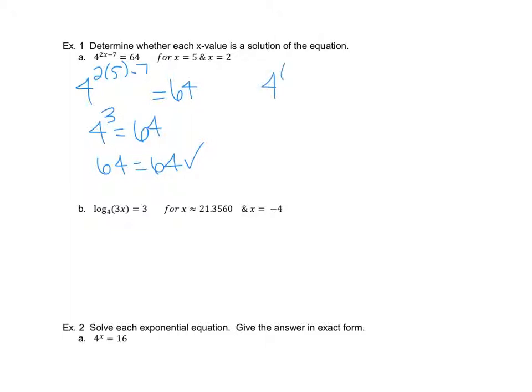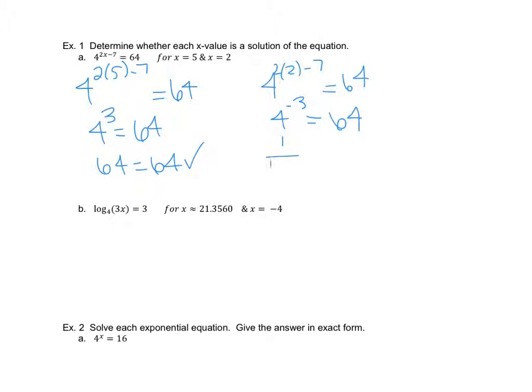So 2 times 2 minus 7 gives us 4 to the negative third equals 64. Now, 4 times 4 times 4 is 64, but that negative means that it goes in the bottom.